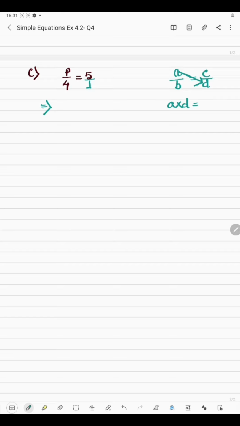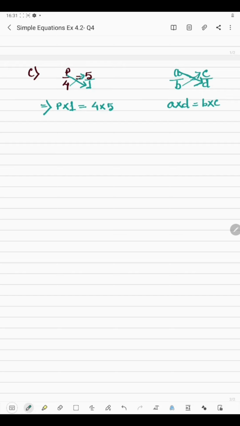So this implies p into 1, then the equal sign, then b into c, so 4 into 5.